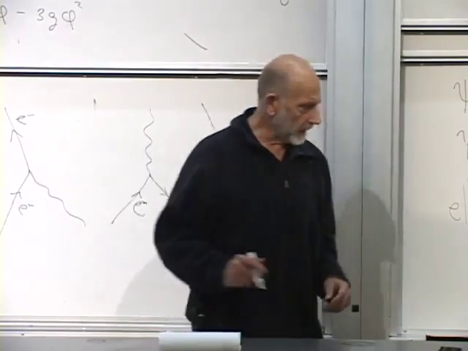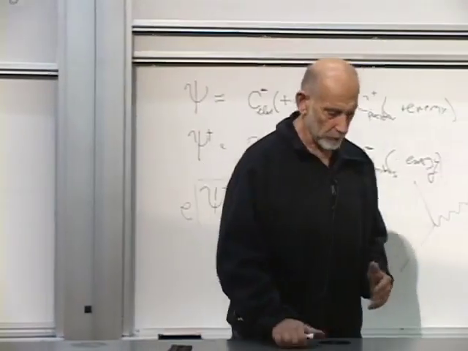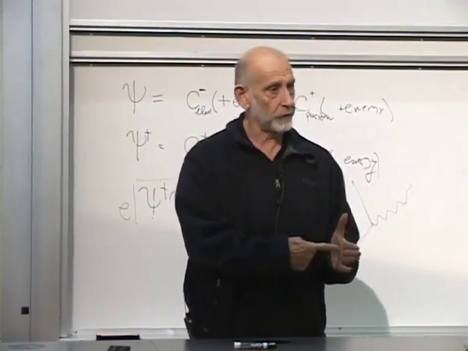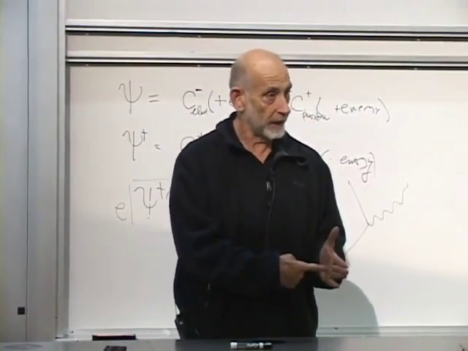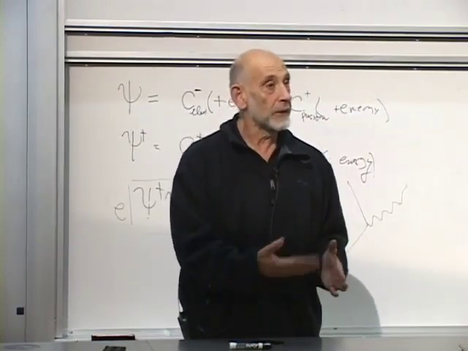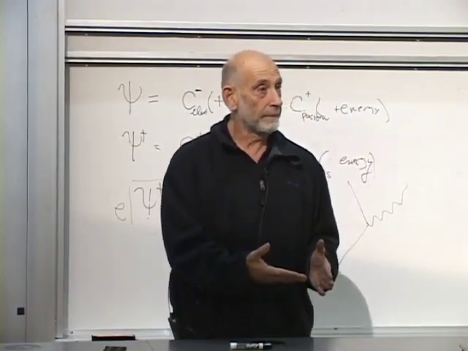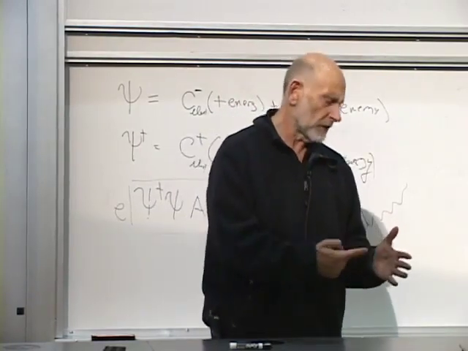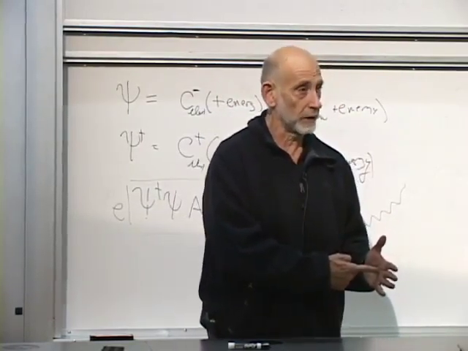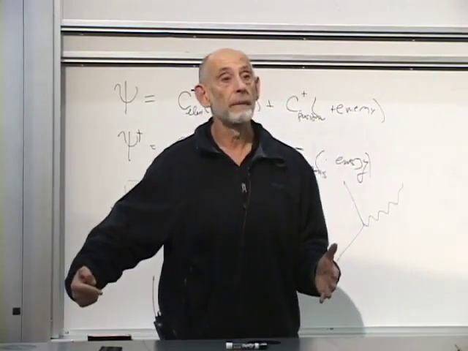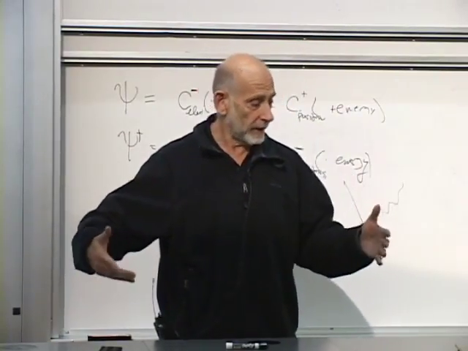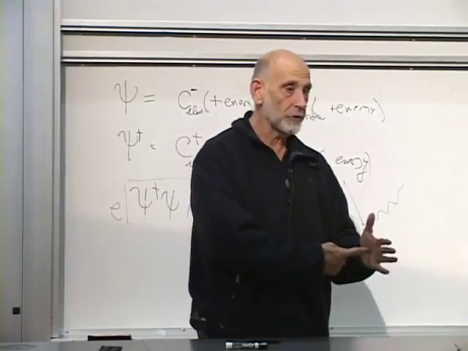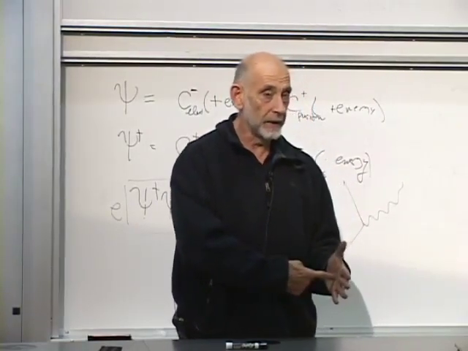An example would be an electron bangs into a wall and is stopped dead. What's the probability that its energy, its momentum, goes off as a photon? So an electron of a given energy plows into a wall and is stopped dead.